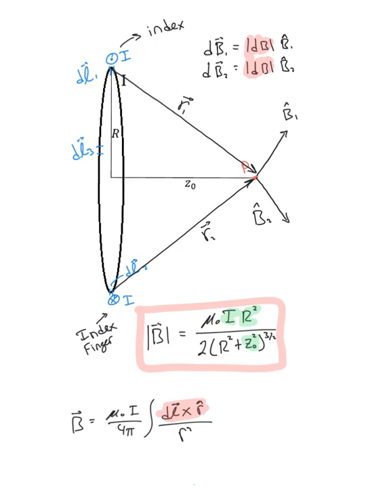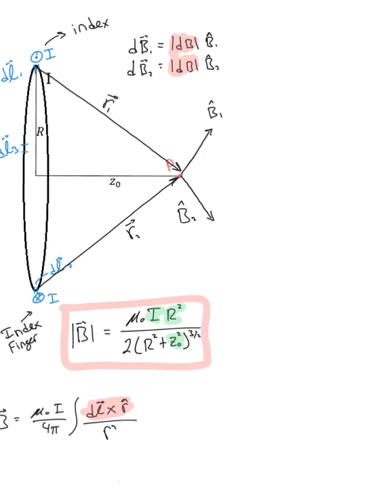And I know that my total magnetic field due to both of these currents combined I can write as just the sum of those two currents. This means that I can write my total little bit of magnetic field as the sum of these two vectors.